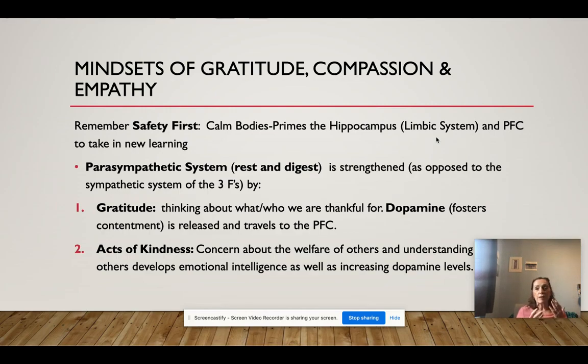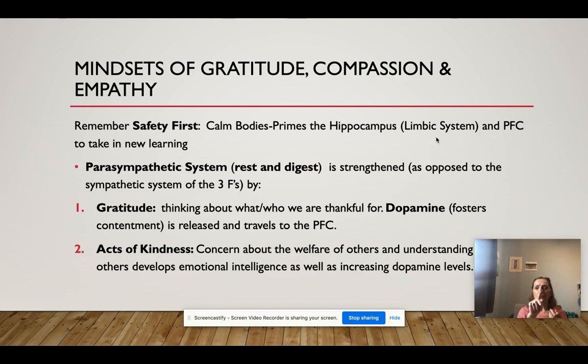The parasympathetic system, the rest and digest that we talked about before, is strengthened as opposed to the sympathetic system of the fight, flight, and freeze. So this is really important with especially kids of trauma. We have the ability to help them strengthen the parasympathetic system.